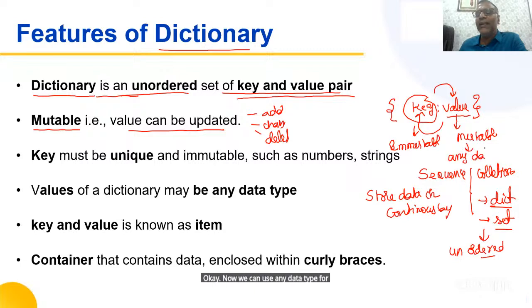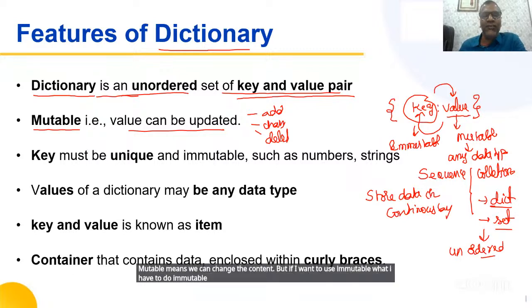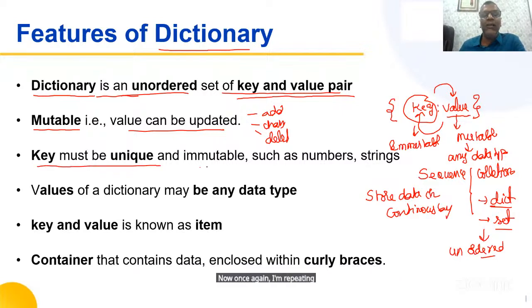We can use any data type for mutable data. Mutable means we can change the content. Immutable means we cannot change. Once again, I'm repeating, keys must be unique and immutable.